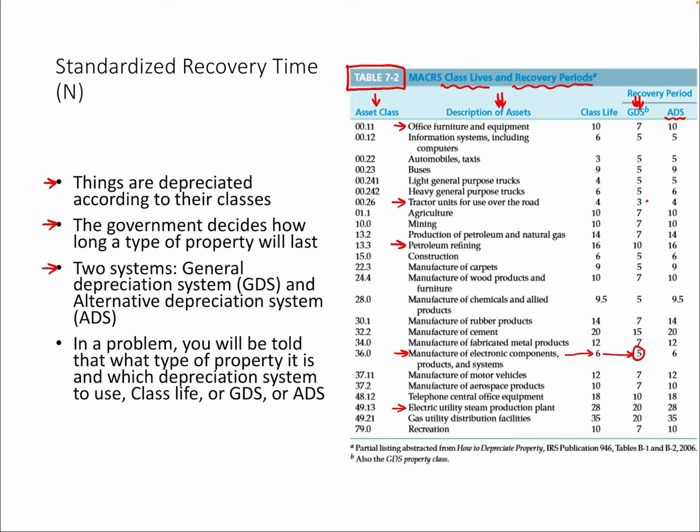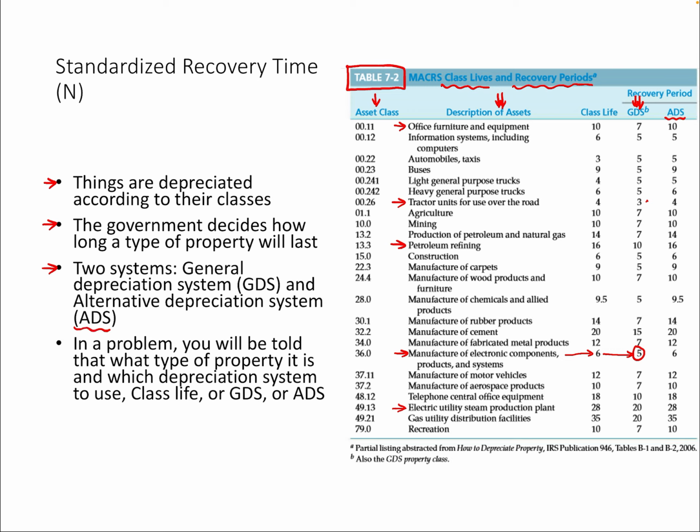And third, there are two systems here. The first system is GDS, which is the one we are talking about, and the other system is called ADS, the Alternative Depreciation System. This is just another system you can use for different types of situations. But in this class, we won't require you to use the ADS method.